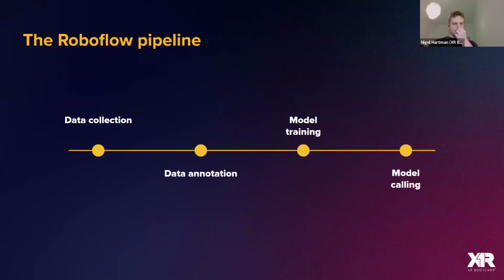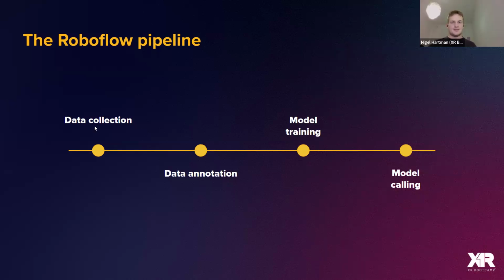And what is the pipeline? What do we need to do? So the first part is the collection of data. We collect data, for example, from the camera, taking a lot of pictures of the object of our interest. Then the next point would be data annotation. So we have a lot of pictures, and then we say for each picture, at this position is the object I want to track, and we just put a square around it.